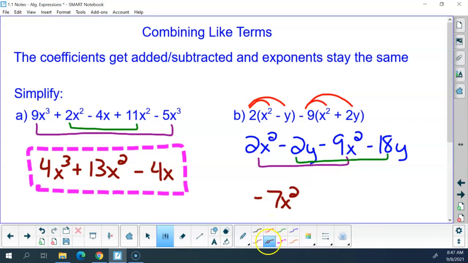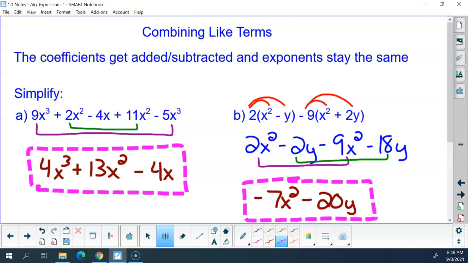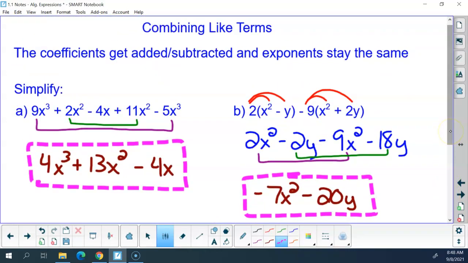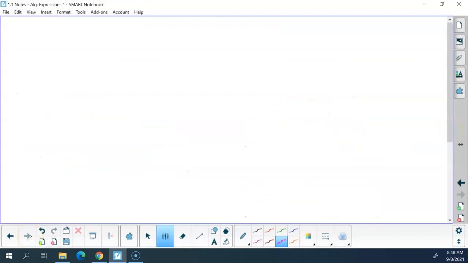That gives me negative 20y. And can't combine it. That's it on this side. Oh, and look at that. All done. Okay?